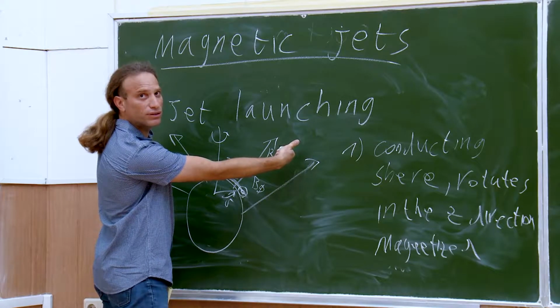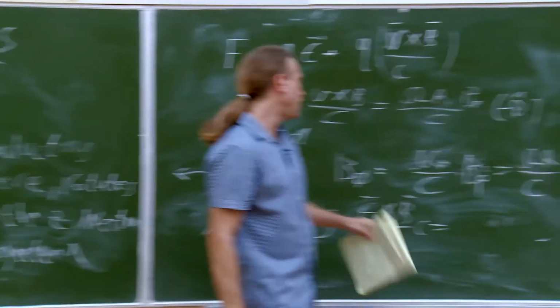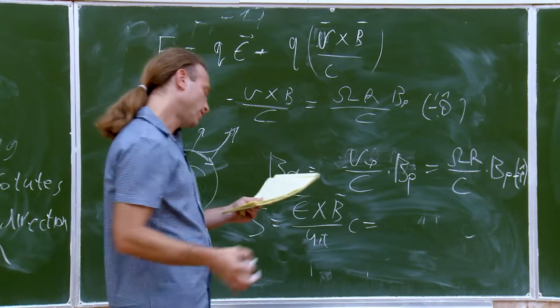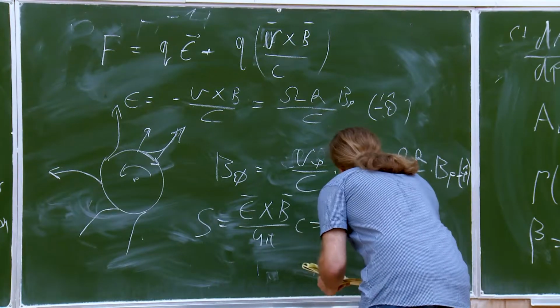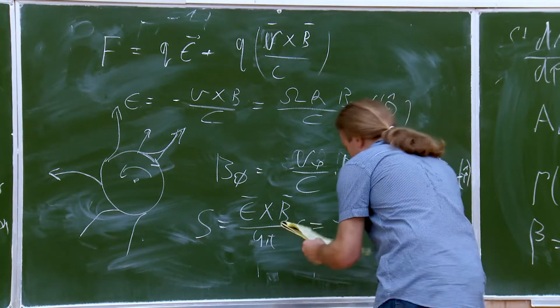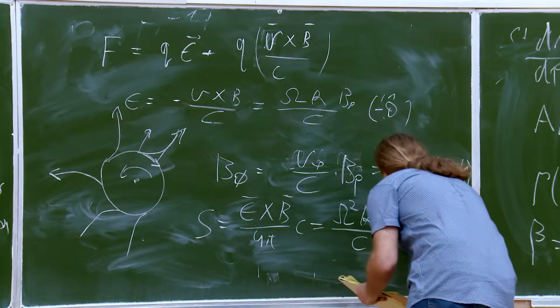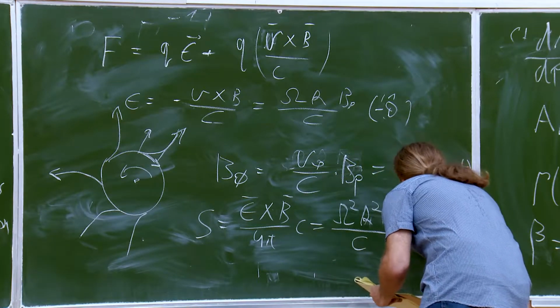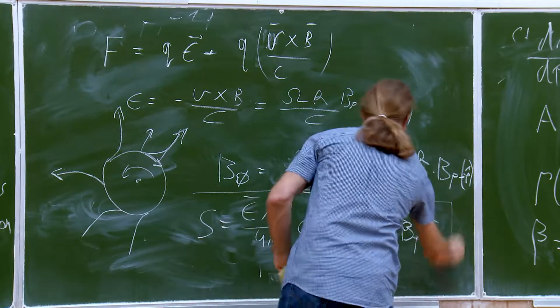Radially outwards. So E cross B is directing outwards, and the value of that is just omega squared R squared divided by C times BP squared.